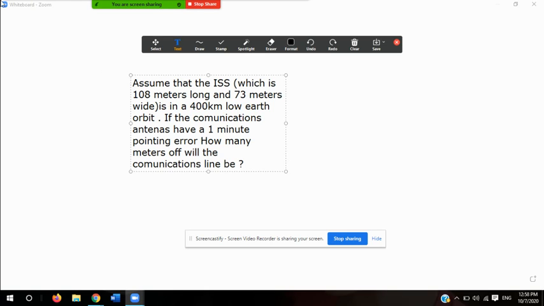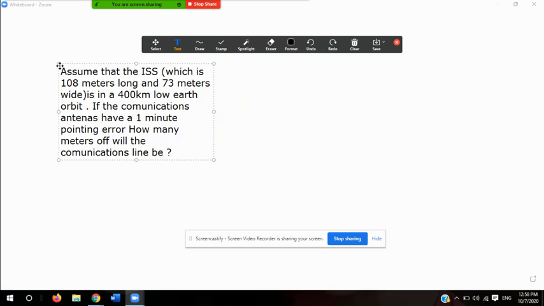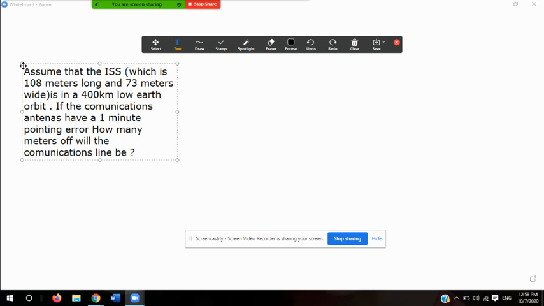Okay, so it says, assume that the International Space Station, which is 108 meters long and 73 meters wide, is in a 400-kilometer low Earth orbit.